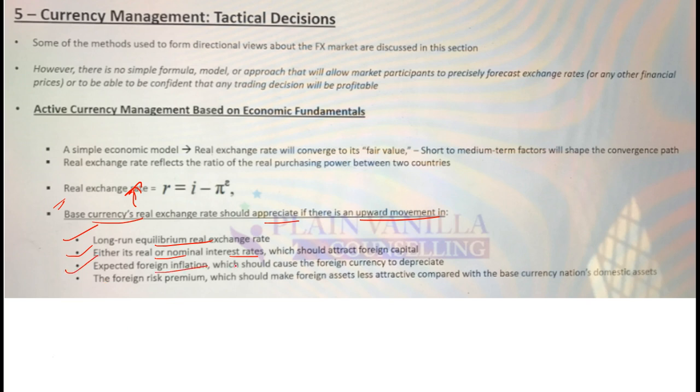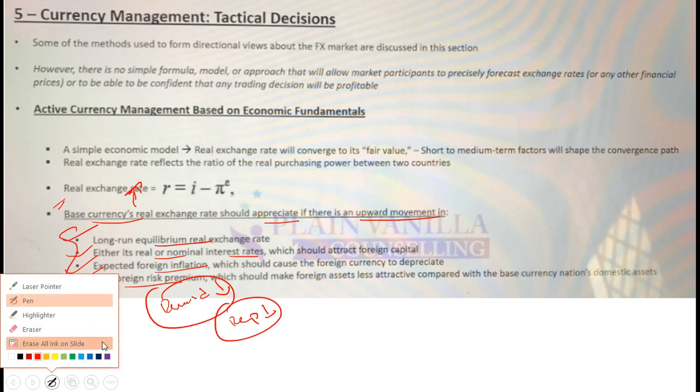Expected foreign inflation: if foreign inflation is expected, the foreign currency will turn weaker or depreciate, and your currency against that currency will appreciate. Foreign risk premium: if the risk associated with the foreign market is increasing, there will be less demand for foreign market assets, and the foreign currency will depreciate while your currency appreciates. So these are some factors that can cause the real exchange rate to appreciate.